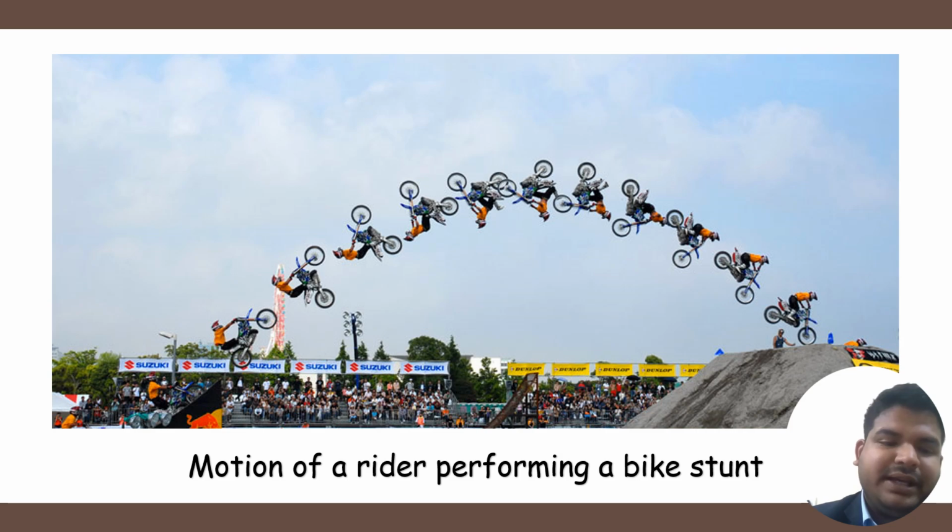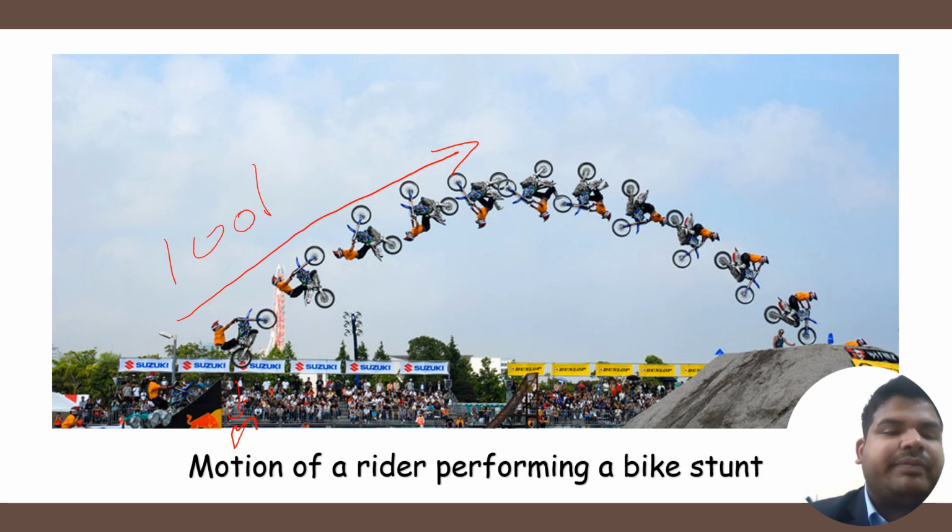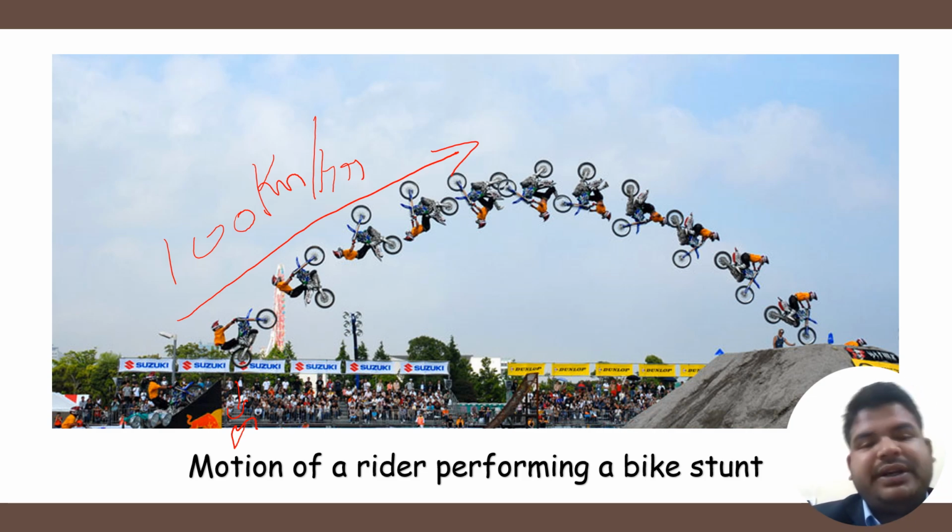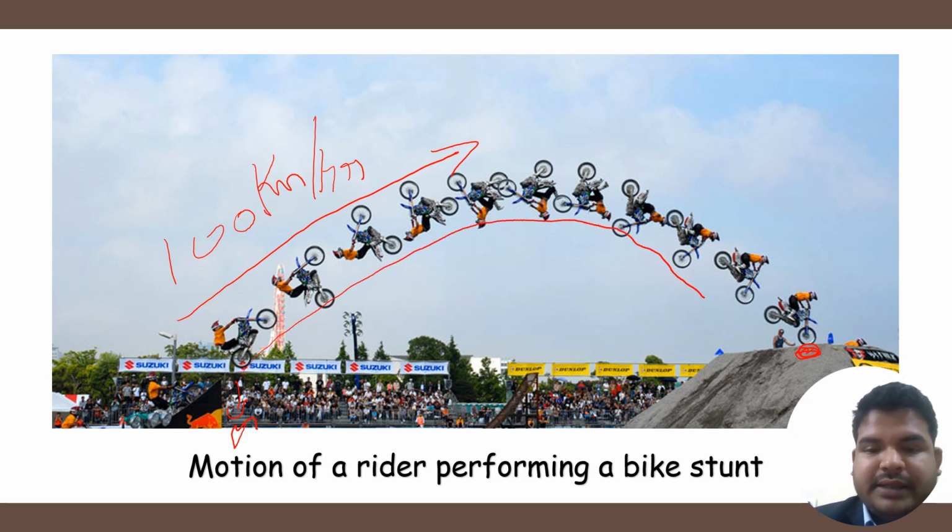Same example, same way. This is also at some height and having a speed of, let us see, 100 km per hour. This biker has a speed of 100 km per hour so as to reach this point safely. The path traced by the biker is shown here. As you see, this is also a parabolic path. The motion of a rider performing a bike stunt.